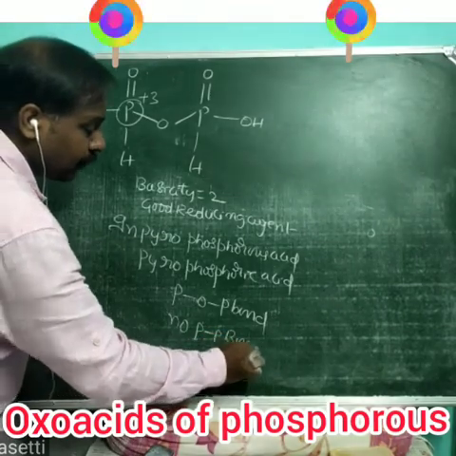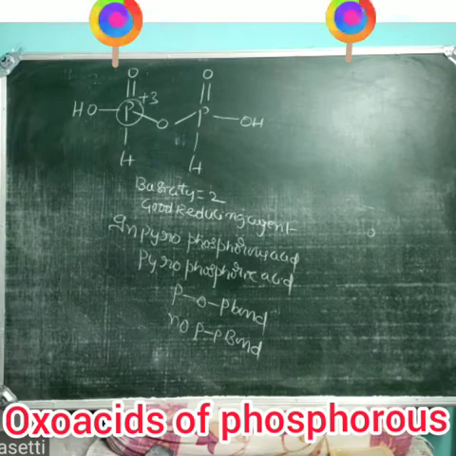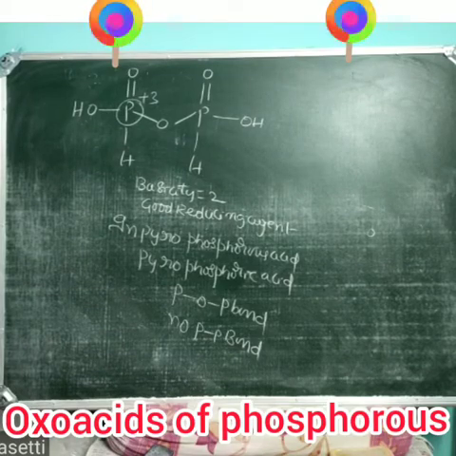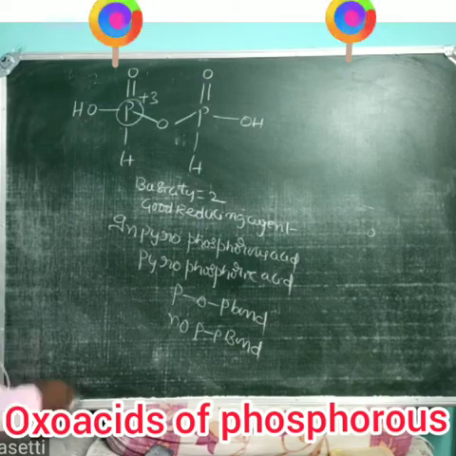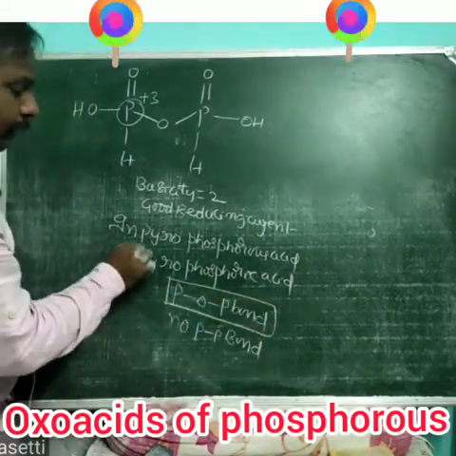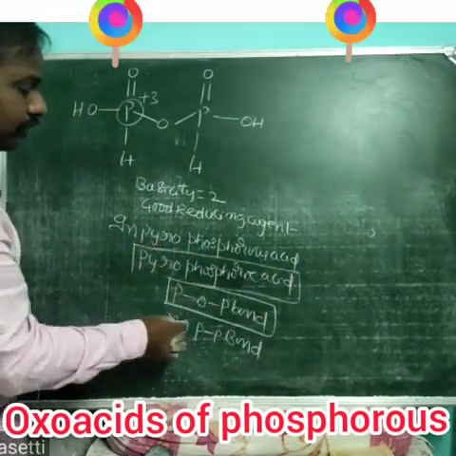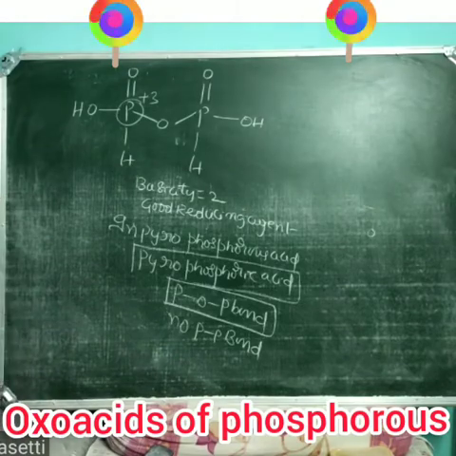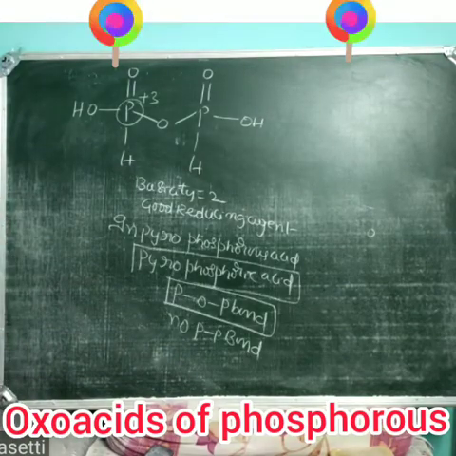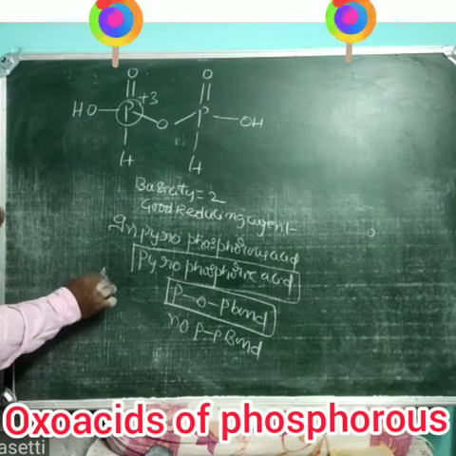Remember, among the following, which one does not contain a PP bond, which one contains a POP bond, etc. Whenever such questions come, you can answer based on this important point. That is, generally pyrophosphorus acid or pyrophosphoric acid must contain a POP bond. And a POP bond is also present in metaphosphoric acid.